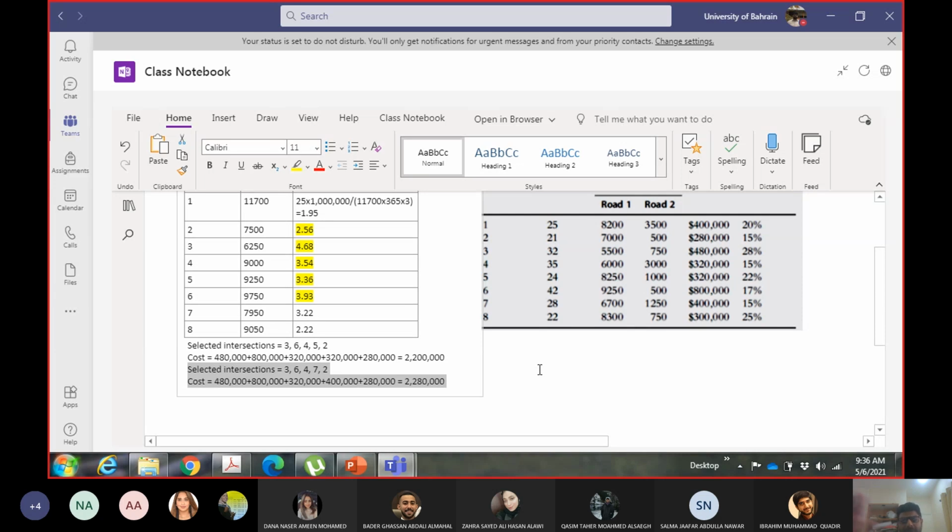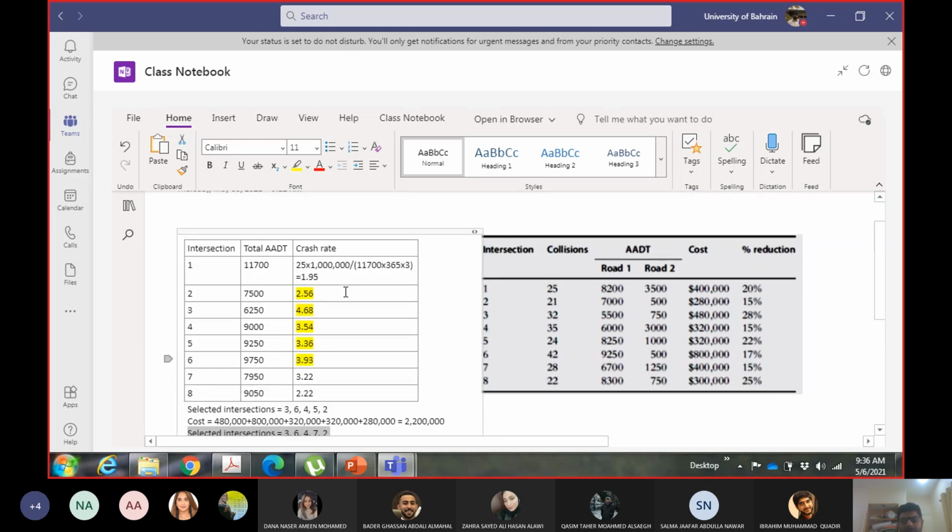You take out 5, you keep 7, and then you go for the next one. Whichever combination of intersections is giving you the closest to the actual budget, 2.3 million.